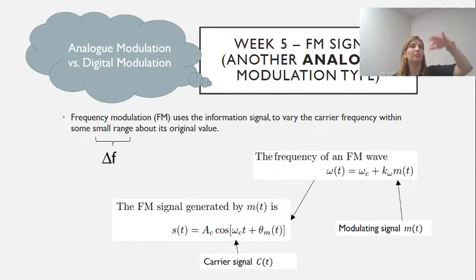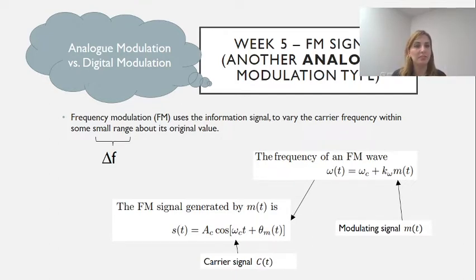That envelope was changing the amplitude of the carrier signal, but the frequency of the carrier signal was staying the same as the frequency of the modulated signal. In this case, we are changing the frequency of the carrier signal according to our information-containing data signal.